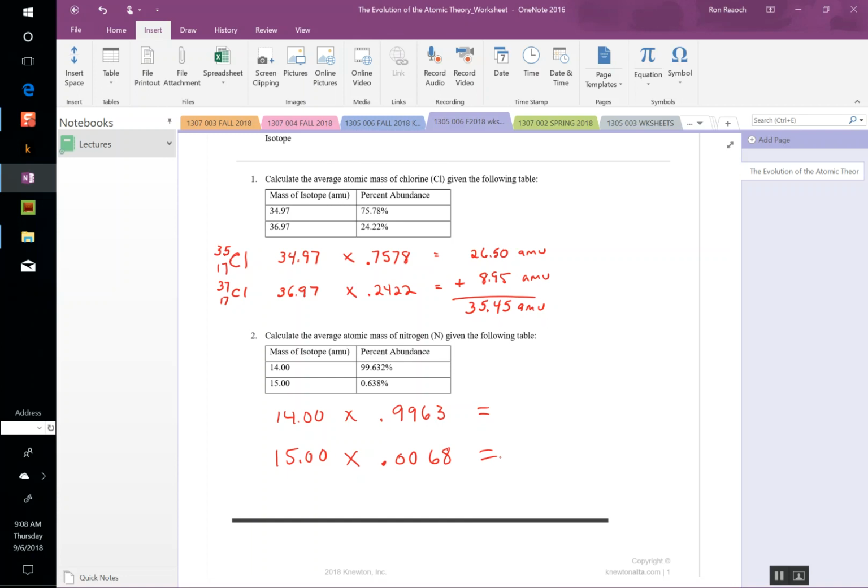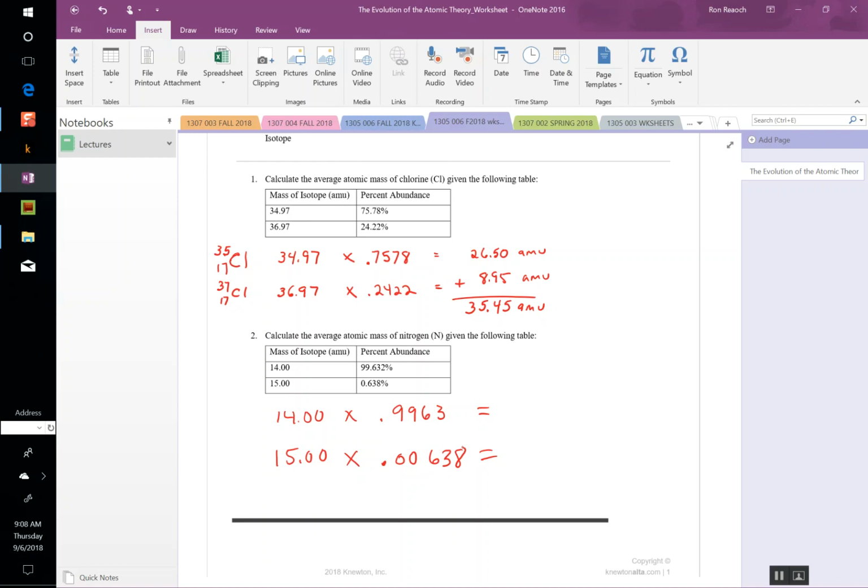There's not a whole lot of that isotope. 638? 638, thank you. .00638. And there's not a lot of this isotope in there, so this is just gonna tweak the atomic mass a little bit.